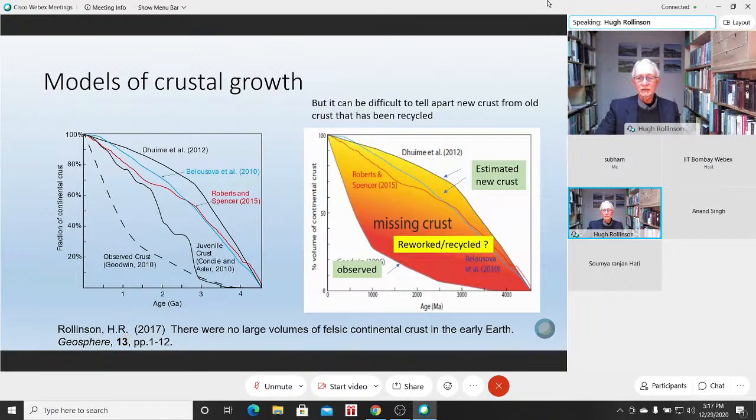And I would argue that those authors who want there to be very large volumes of crust in the early Earth are misreading the data, and that there were no very large volumes of felsic continental crust in the early Earth, but rather we need to employ a curve rather like the curve of Condie and Aster, which suggests that the Earth's crust grew progressively over geological time.